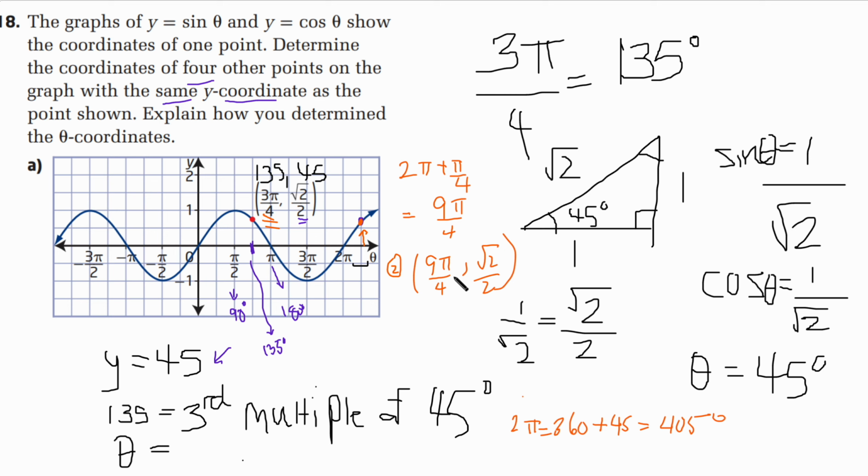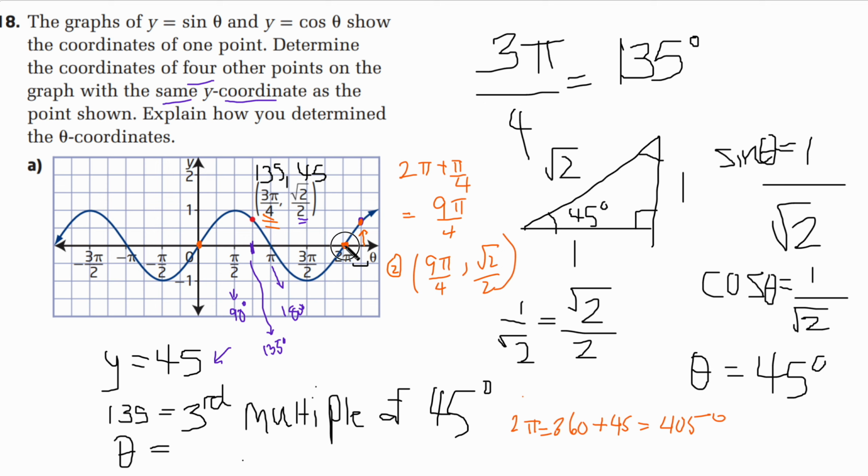Right. So you do have to explain your reasoning behind it. And then we can see, do you know anything about the period of a function? If I'm correct, when we talk about the period of a function, we're talking about that horizontal length of one cycle on the graph. Yep. So let's say I have this point here. I know that this point is going to repeat again at this point.